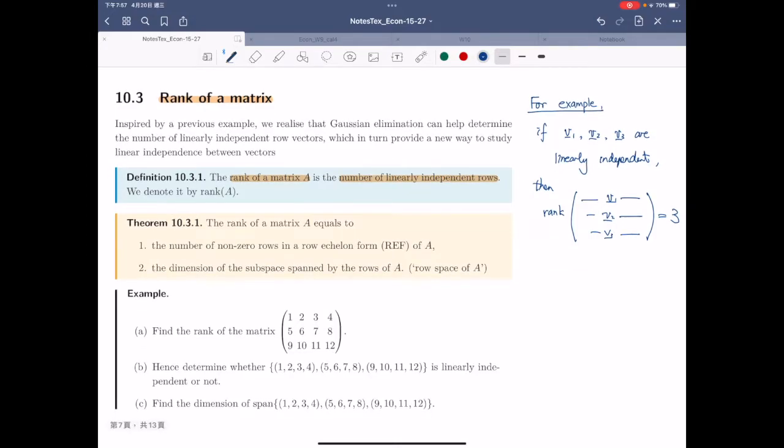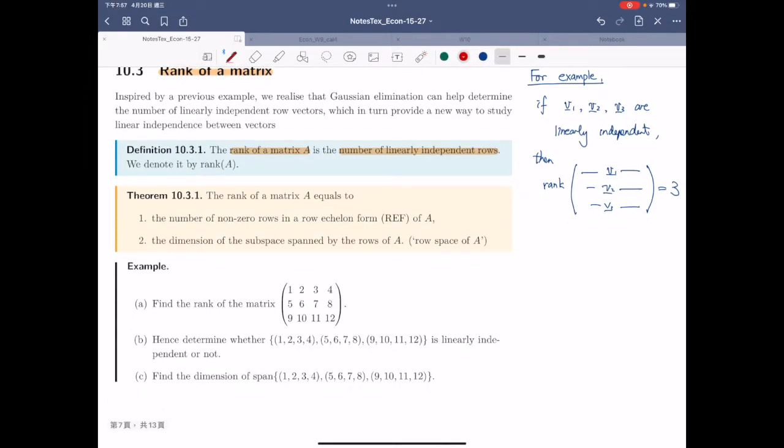What's interesting is that once you transform this question into a question about matrices, then you can use Gaussian elimination. And the key theorem is theorem 10.3.1. Let me put a star here.